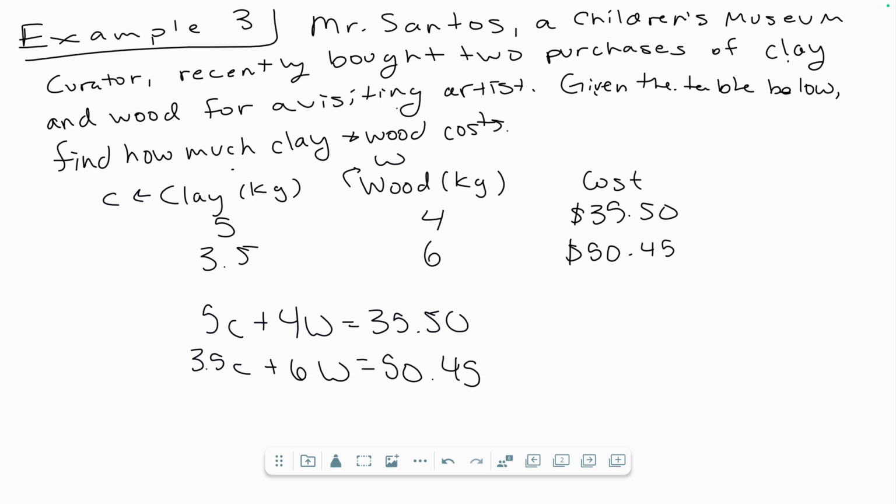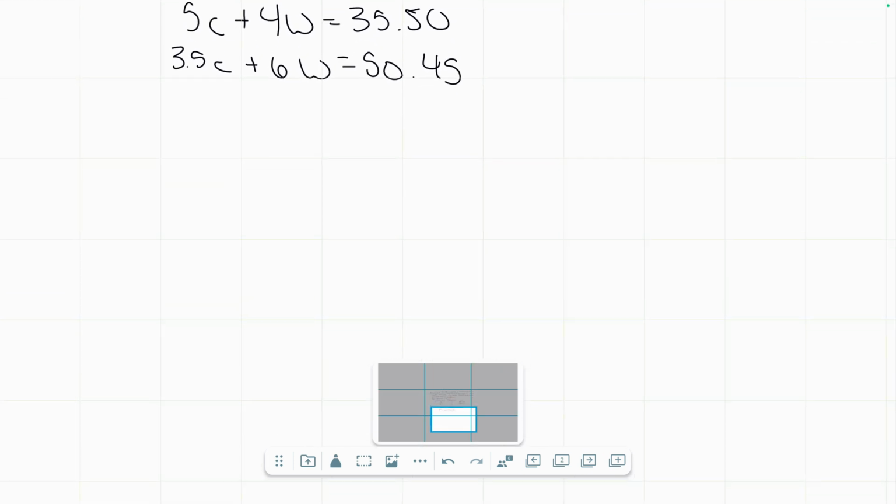Now, in one of those scenarios that you saw on Tuesday, you saw that there are going to be times that when we multiply to eliminate, you have to multiply each equation. Okay? So which variable would you like to eliminate? W. I would probably pick W as well, so I don't have to deal with the decimal. I could have eliminated the C, but here's the other thing.